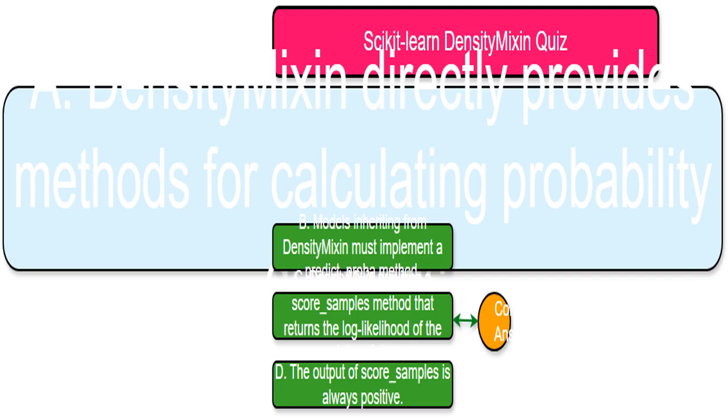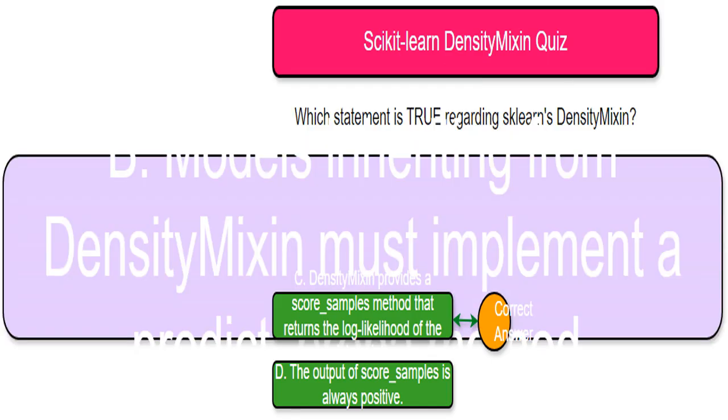I want to tell you that this statement is incorrect. DensityMixin doesn't directly provide those methods. Instead, it's more like a guideline or a template. It dictates what methods should be there in models that use it. It's the individual models based on DensityMixin that actually do the probability density calculation. This is also incorrect. While many models that use DensityMixin might also have a predict_proba method, which gives you probabilities, it is not mandatory or enforced by DensityMixin.